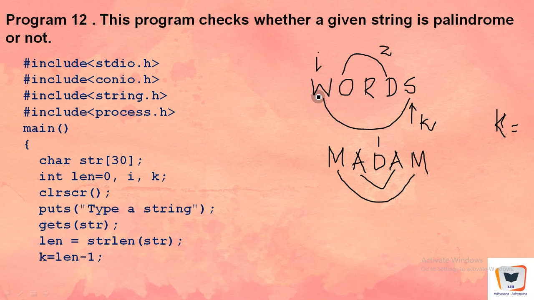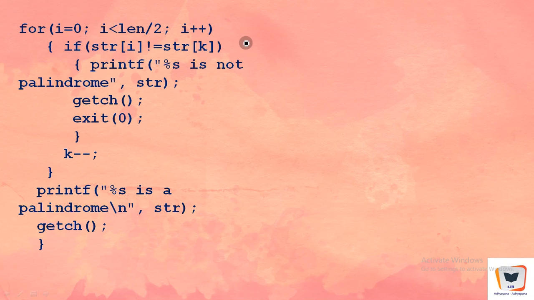So string of I equal to string of k. The I plus plus in the for loop will take care of I, and k minus minus we have to do. While k moves in this direction, I will move in this direction. The movement of I is controlled by the for loop. K will be decremented so that it comes back one step.